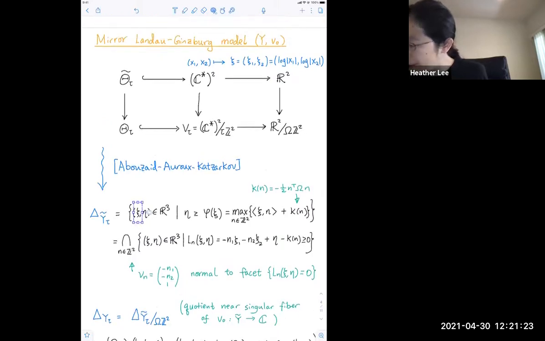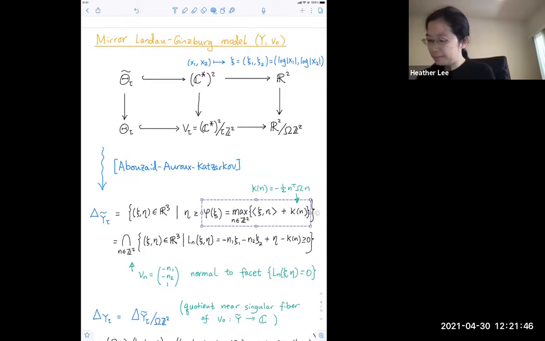The C coordinate is given by this map, which is on the C^2. The moment polytope is three-dimensional, so you take the C coordinate and introduce a third eta coordinate, and this eta coordinate needs to live above this function of C, and this function is the Legendre transform of this minus kappa function.